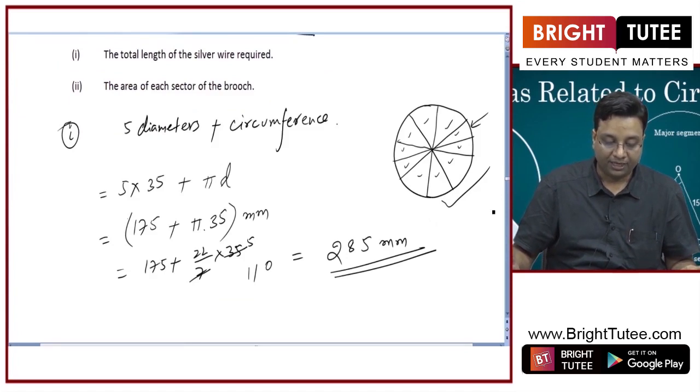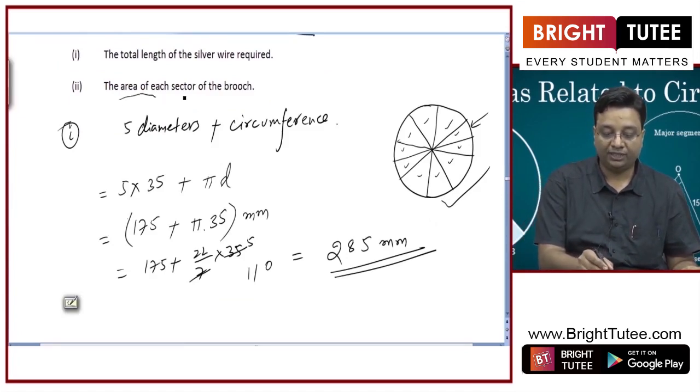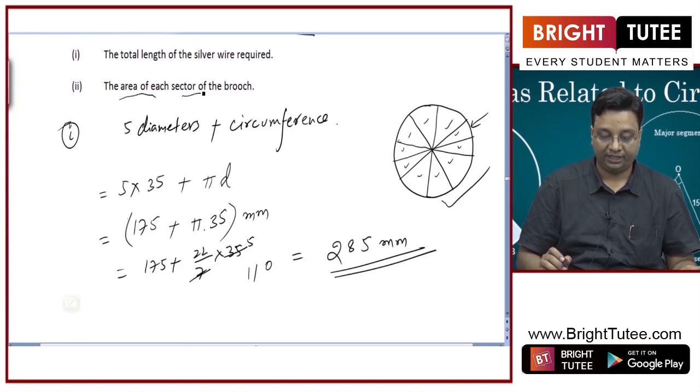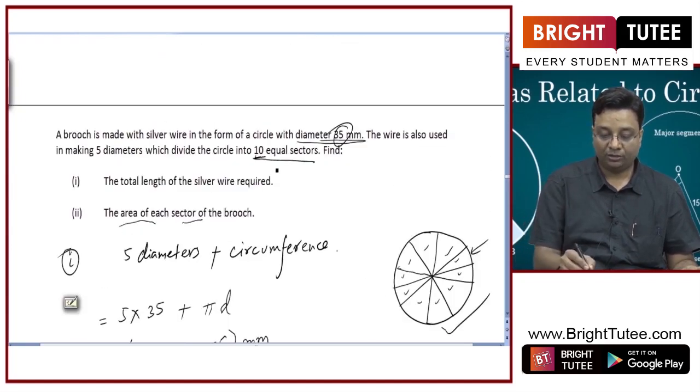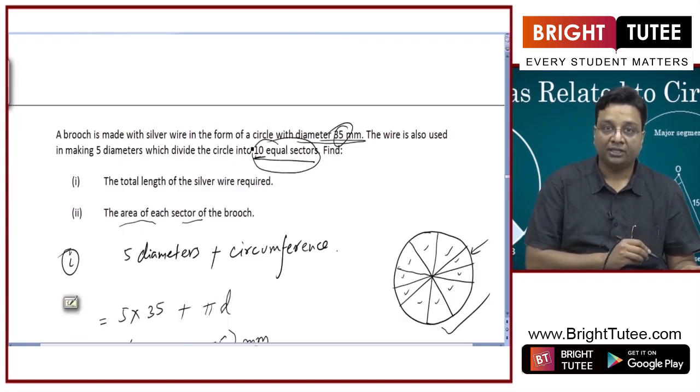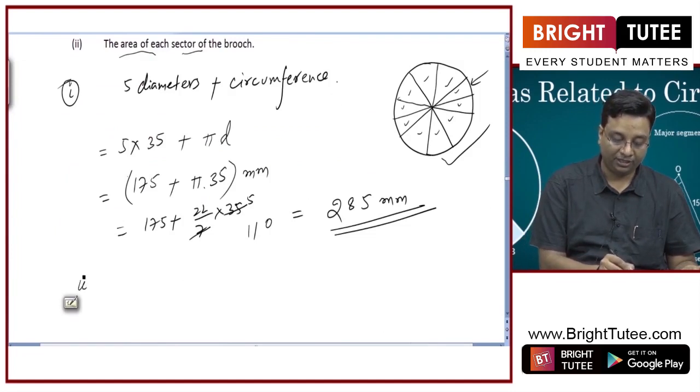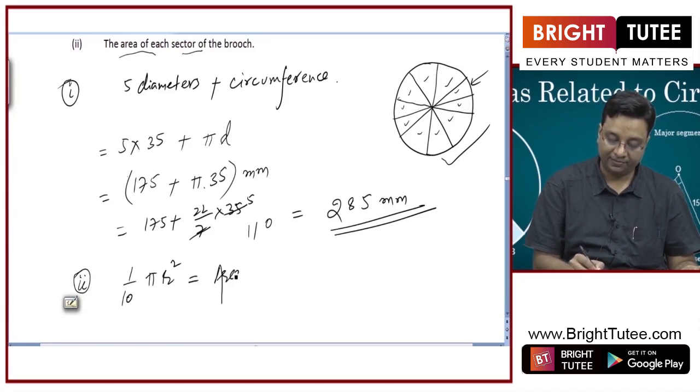The next part wants us to calculate the area of each sector of the brooch. How many sectors are there in total? 10 equal sectors. So if I calculate the area of the circle and divide it by 10, this will give me the area of one sector.